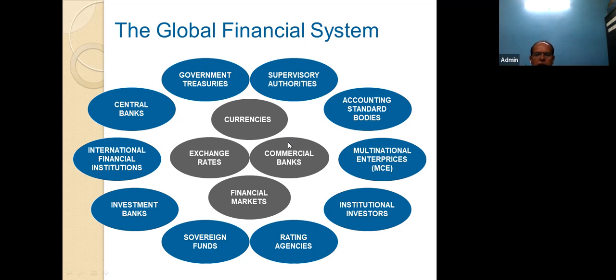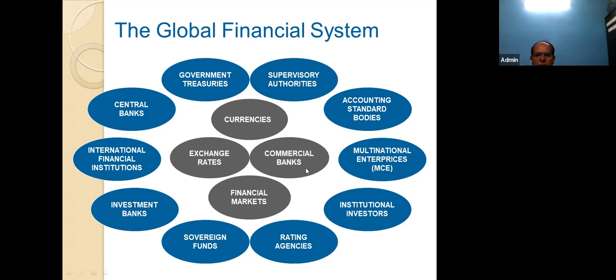Apex Bank is the bank which controls the entire banking business. So in India, there is RBI, the Reserve Bank of India, which controls all banks, and if some scams happen in a bank, they are controlled by the Reserve Bank of India.